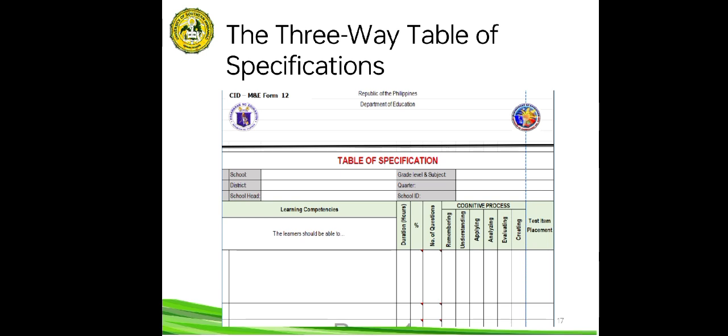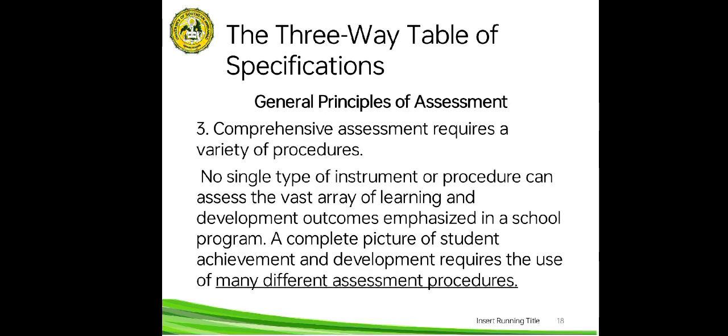So why is a three-way table of specification important? Because it reflects the general principle number three of assessment, which states that comprehensive assessment requires a variety of procedures. This principle reminds us that no single type of instrument can fully capture the wide range of learning outcomes. That's why this table is powerful.